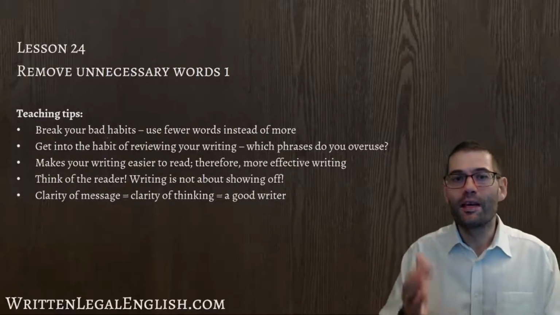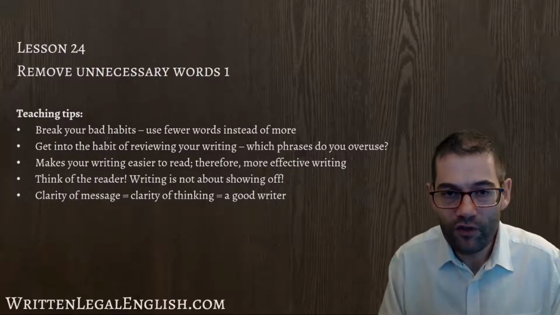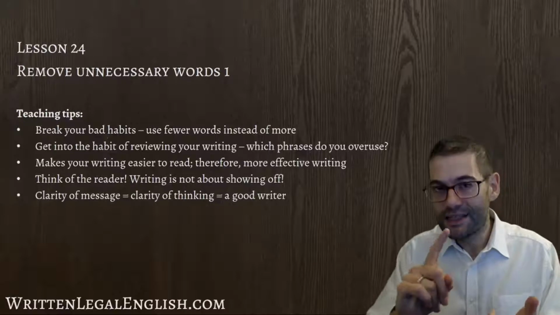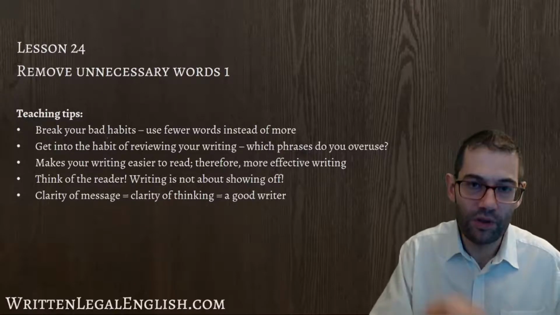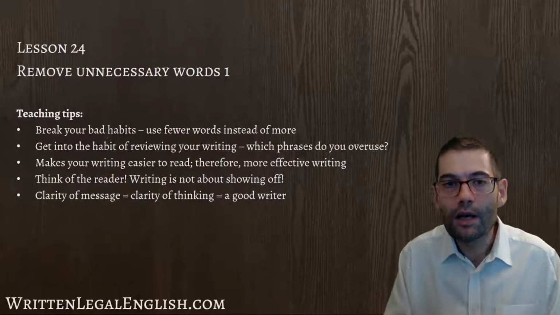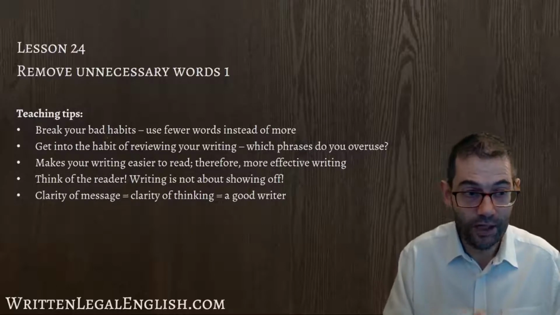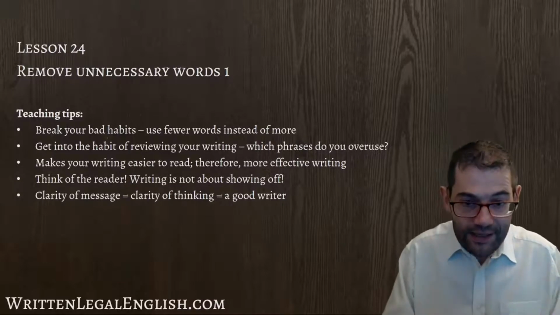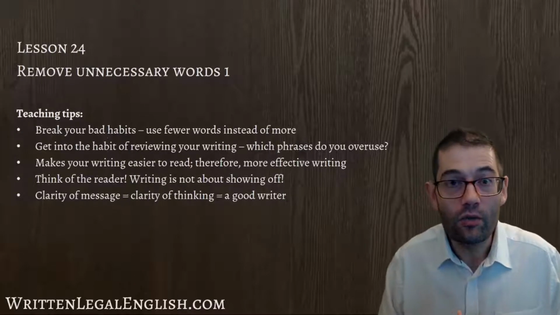So the teaching tips: break your bad habits, use fewer words instead of more. Now, of course, this takes practice, but it also takes knowledge as well. Now you know what the problem is, now you know how you can identify 3 examples, you can begin to get to work. Get into the habit of reviewing your writing and identify which phrases you overuse.